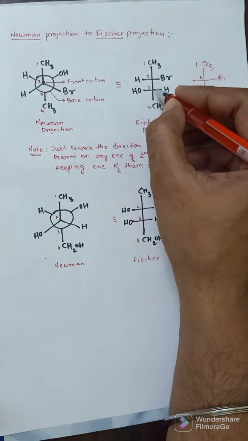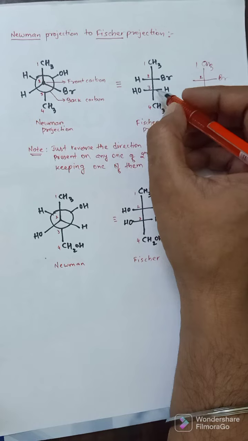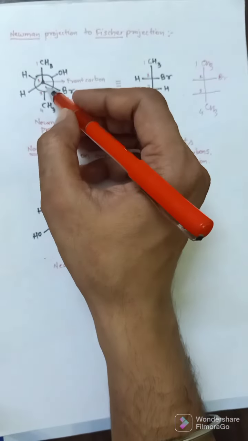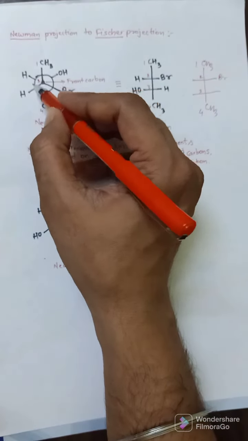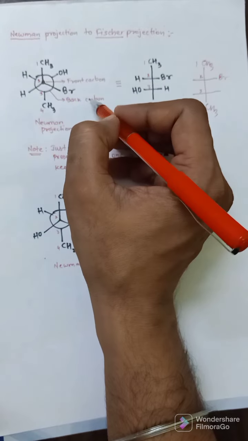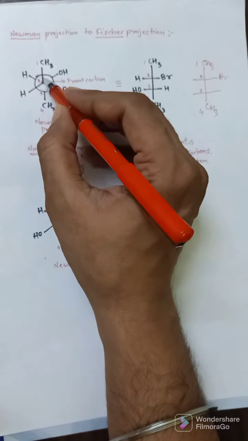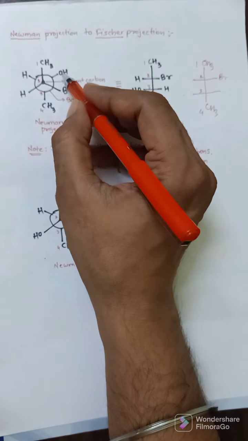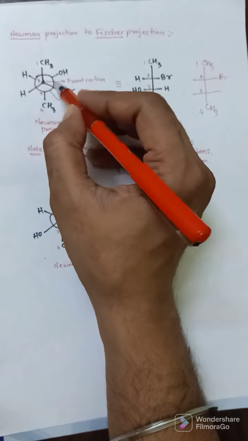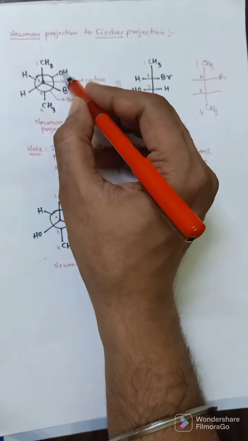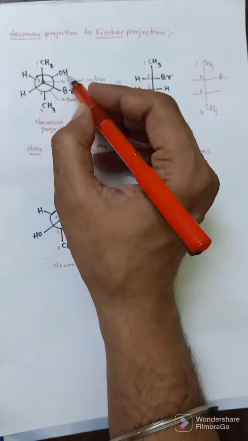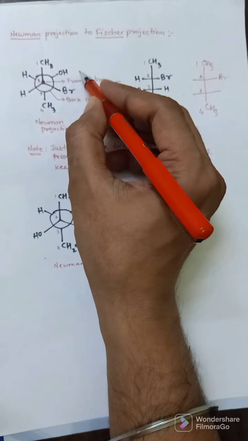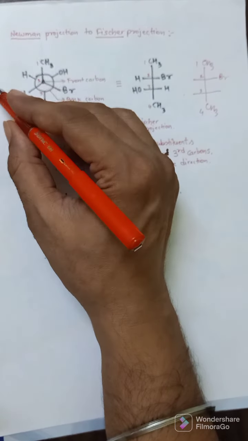So now what about the third carbon? We will just reverse the substituents of this third carbon, that is the circle carbon or back carbon. Just reverse the direction of the substituents. In the third carbon substituents, OH and hydrogen, OH is on the right hand side, hydrogen is on the left hand side.